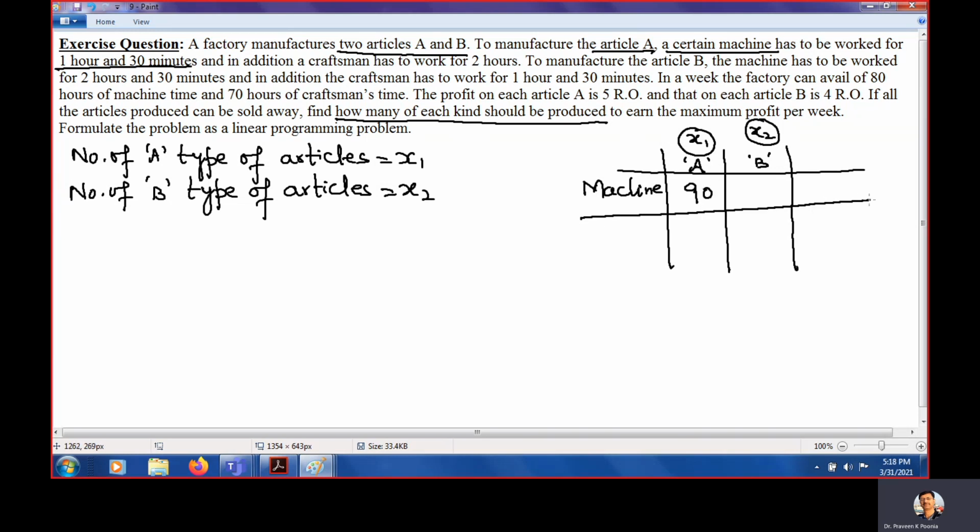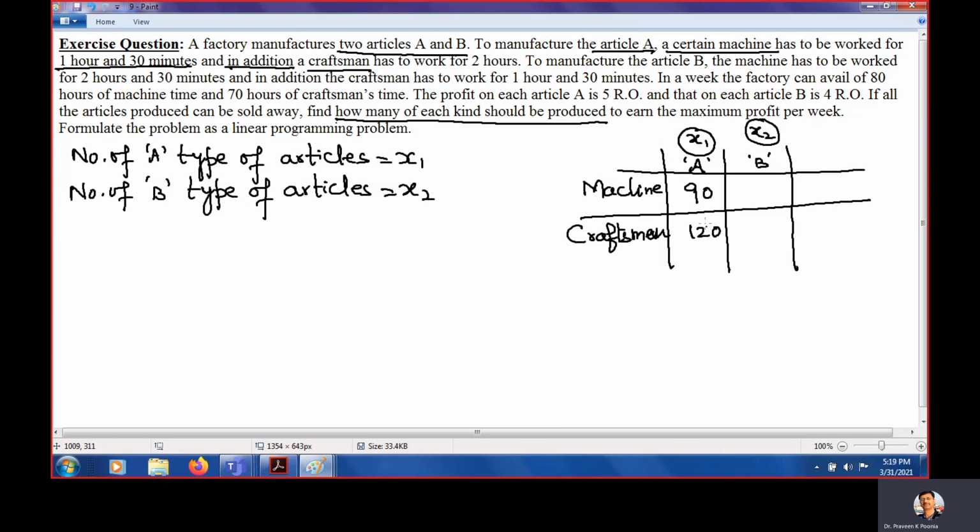So the machine is taking 90 minutes to manufacture product A. And in addition, not only is the machine required, a craftsman is also required, and the craftsman has to work for 2 hours. 2 hours means 120 minutes.